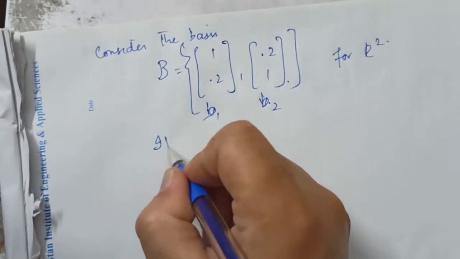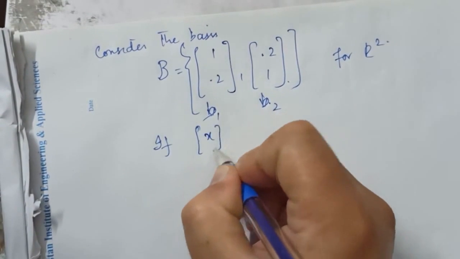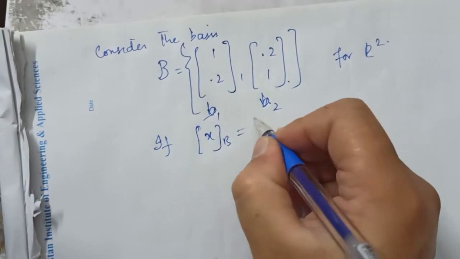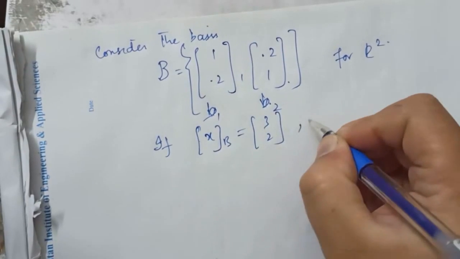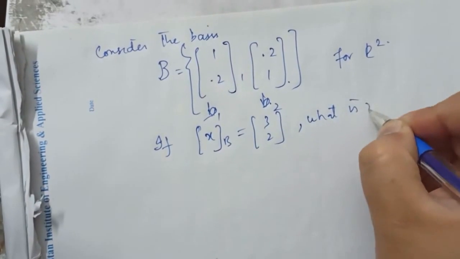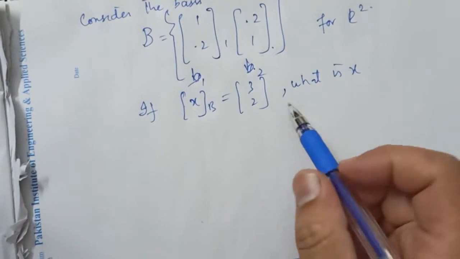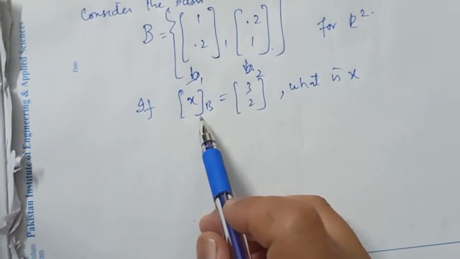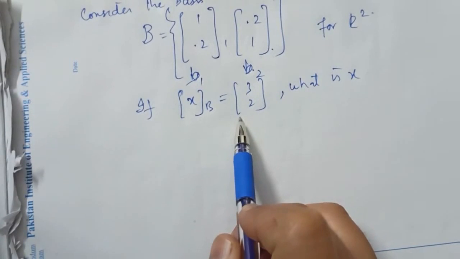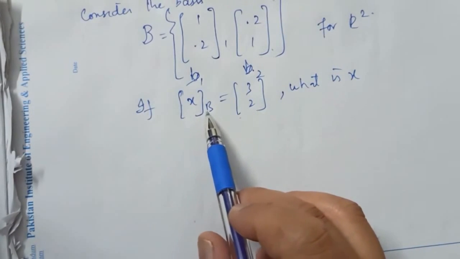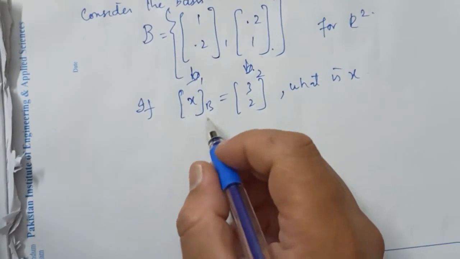Now if [x]_B = (3, 2), what is x? This has a one-to-one correspondence when dealing with this coordinate system.